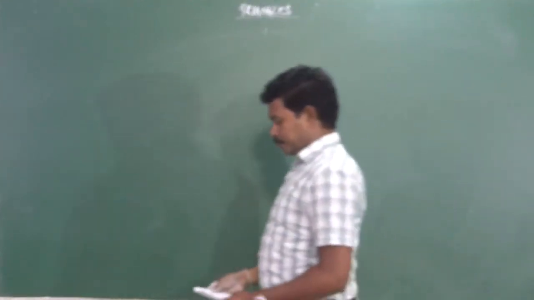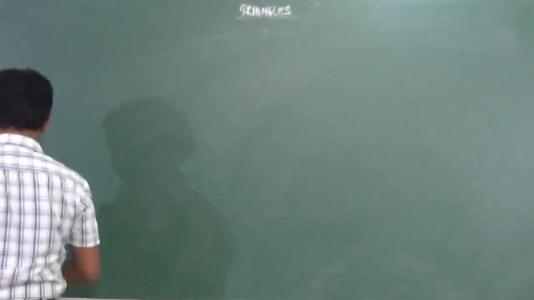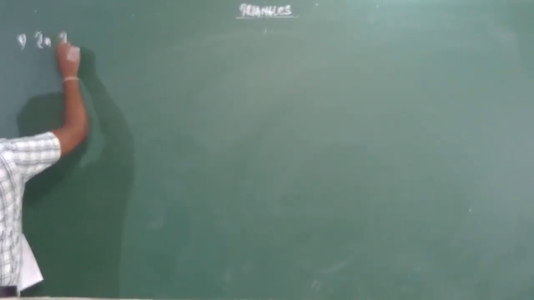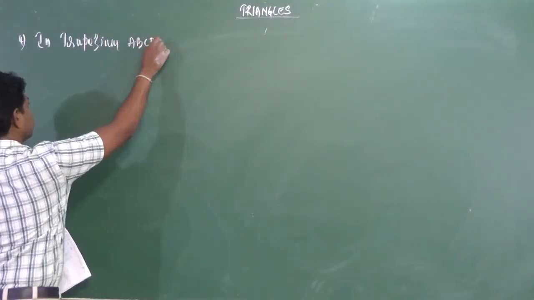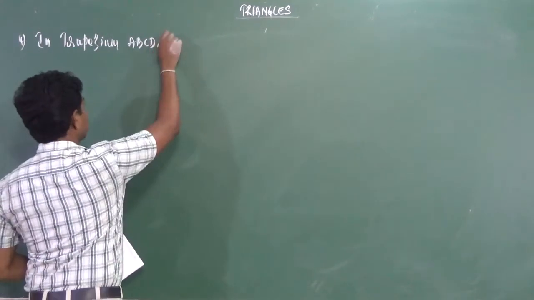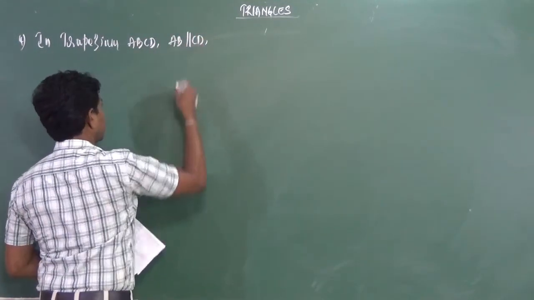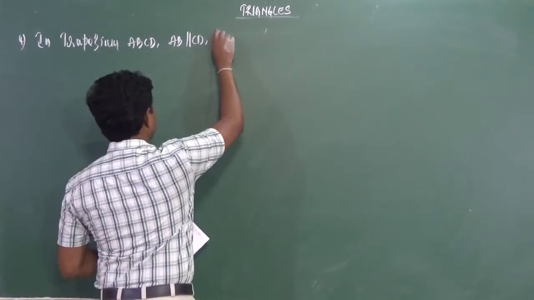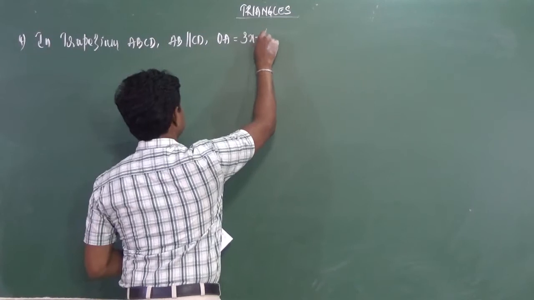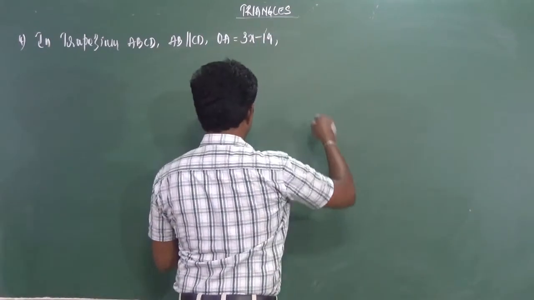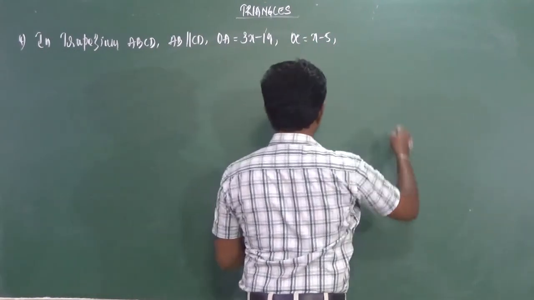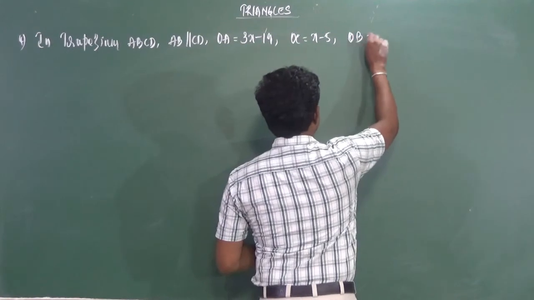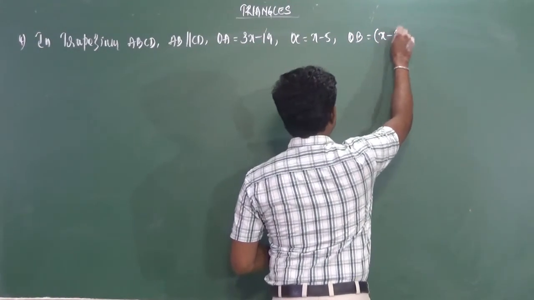Okay, we'll go with the last problem. In trapezium ABCD, AB parallel to CD, OA is equal to 3x minus 19, OC is equal to x minus 5, OB is equal to x minus 3.